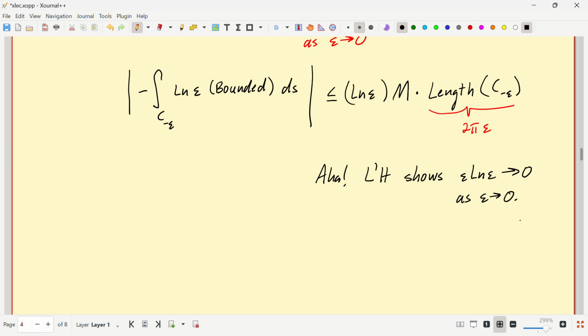Remember how you do it? Epsilon times log epsilon is log epsilon over 1 over epsilon. Then you use L'Hopital's rule.